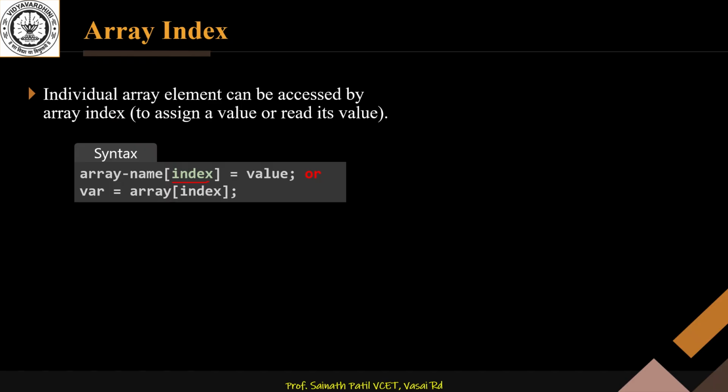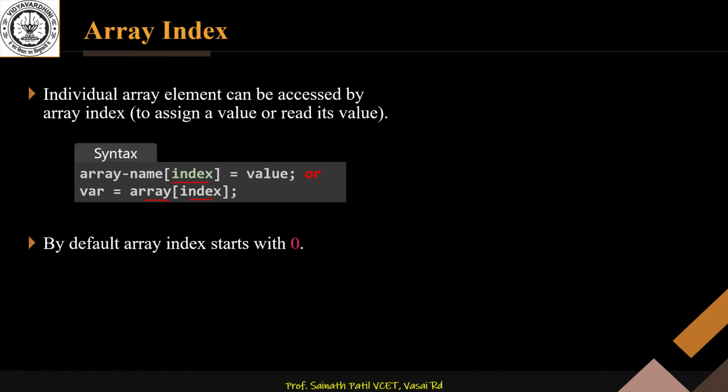For example, the index can be any number, first element, second element, like that. Or to read a value from any array, we give the array name, in square brackets the index, and that value will be read and assigned to the variable, that is var equal to array in square brackets index semicolon.